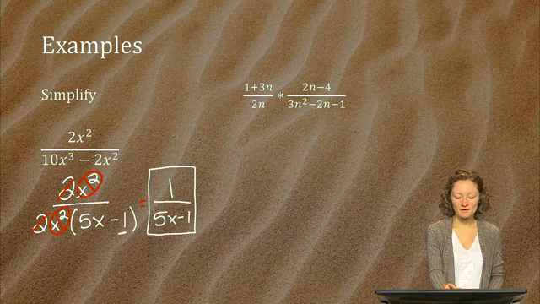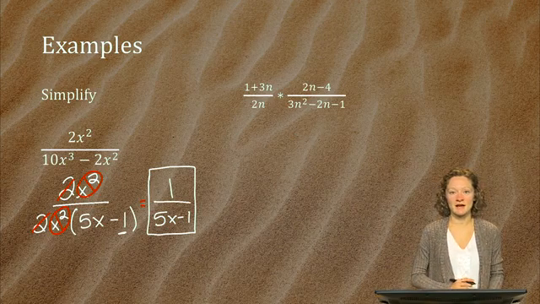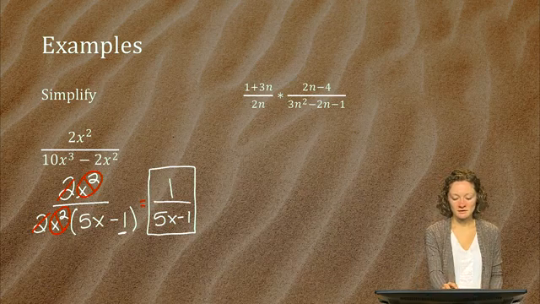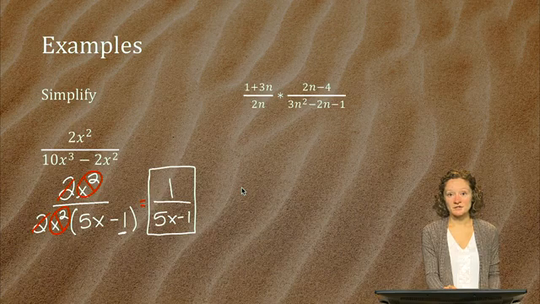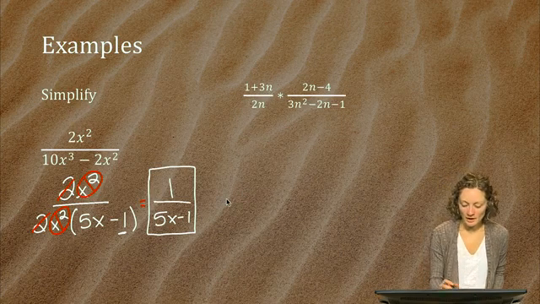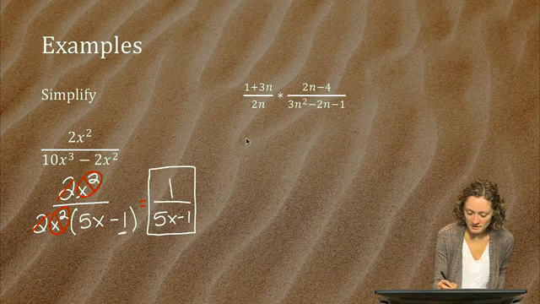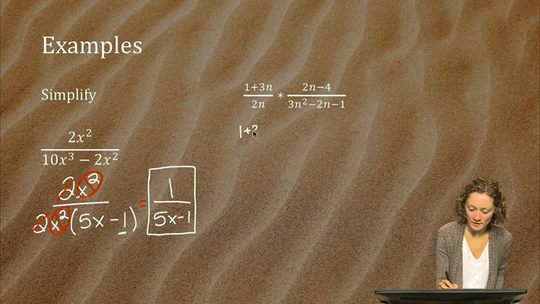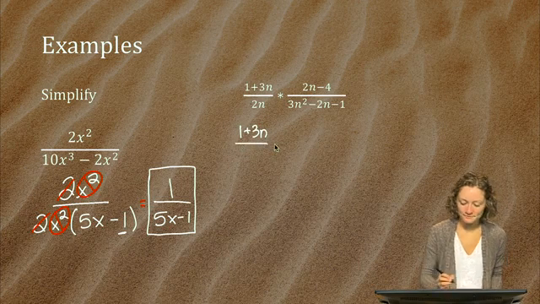So start with our first numerator, 1 plus 3n. First thing we look for is a greatest common factor. 1, 3n, we don't have that. Then we check if we can use sum or difference of cubes or difference of squares. We don't have that here. So our numerator is as factored as it will get.